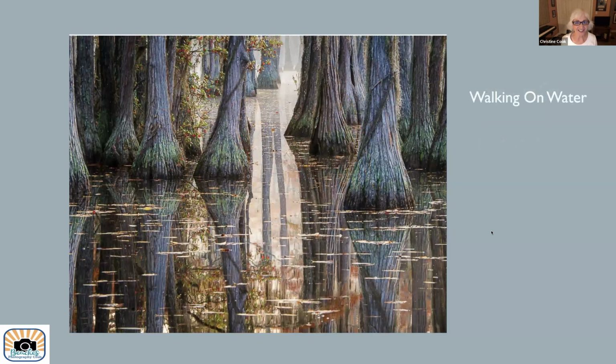Walking on water. Does look like these cypress are walking on the water. It's an interesting idea to catch this slot here going back. I think I would be careful of how bright that is compared to the rest of it. You would still notice it without so much brightness in here. Toned down a little bit.